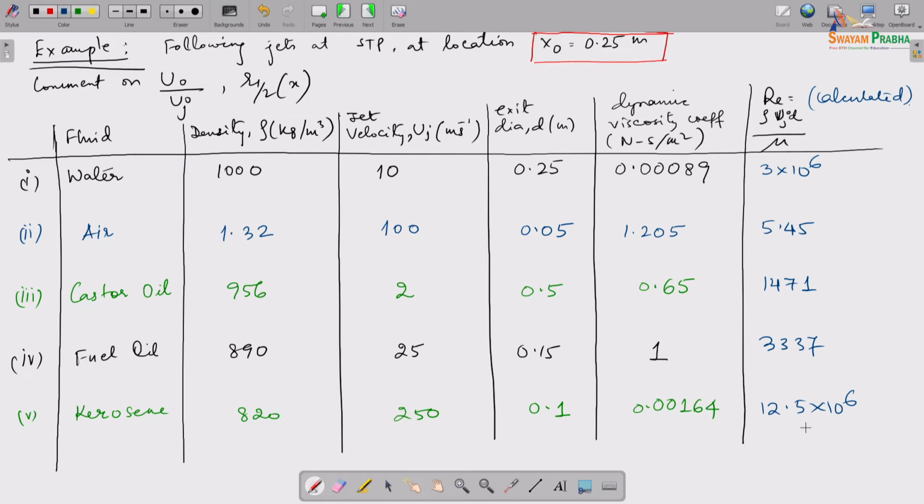Then what do we expect these jets to do? Because the Reynolds numbers are so spread apart, will their behavior in terms of how the jet will form, how much R half will be, or how the mean centerline velocity will vary, be different?